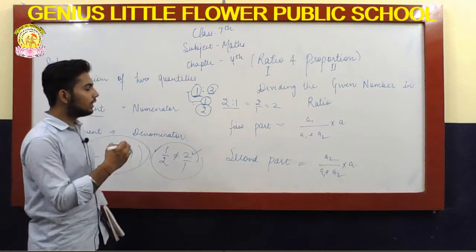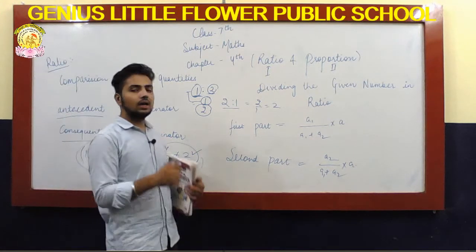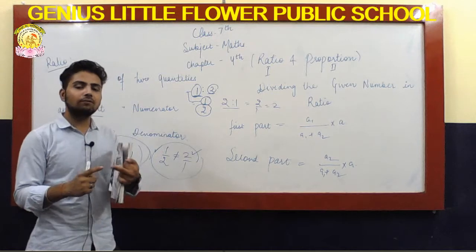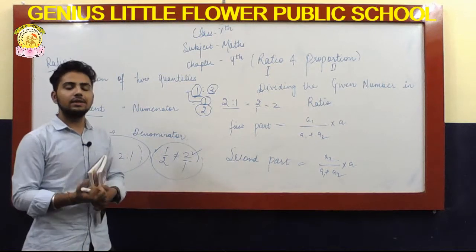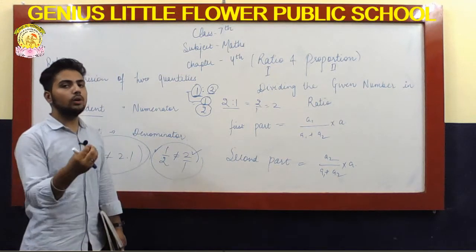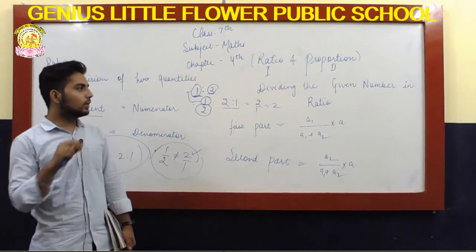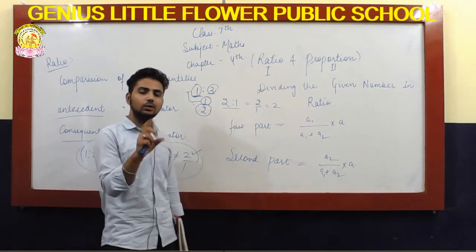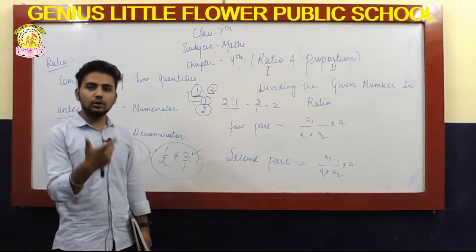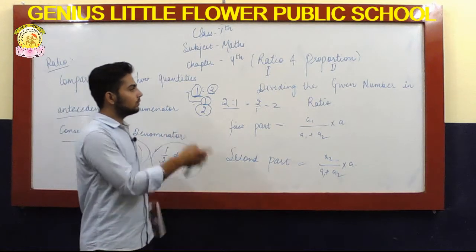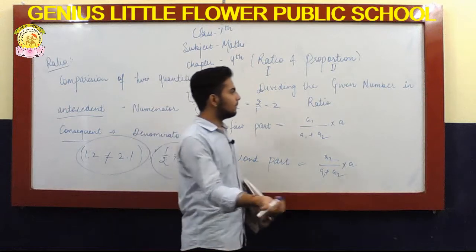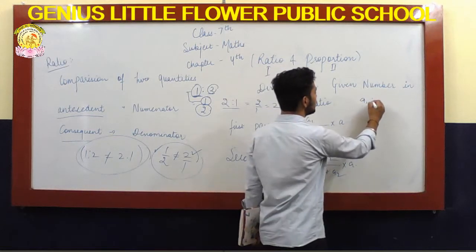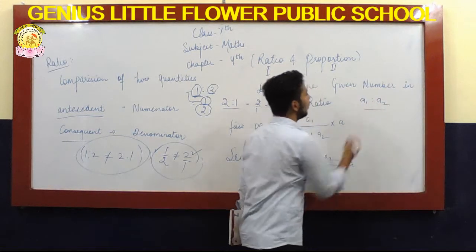Now, a number is given to you and you have to divide it in two parts, that is, in two ratios. How will you convert it into two ratios? Here is an easy method to convert a number into two different ratios. Suppose you are provided a ratio A1:A2.